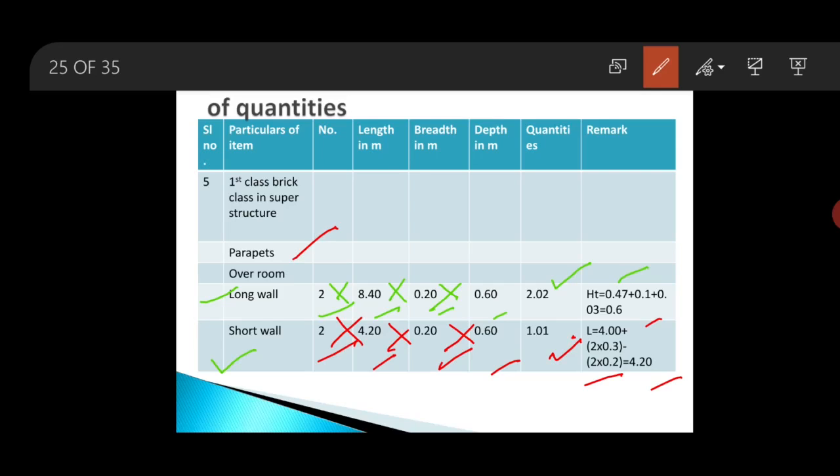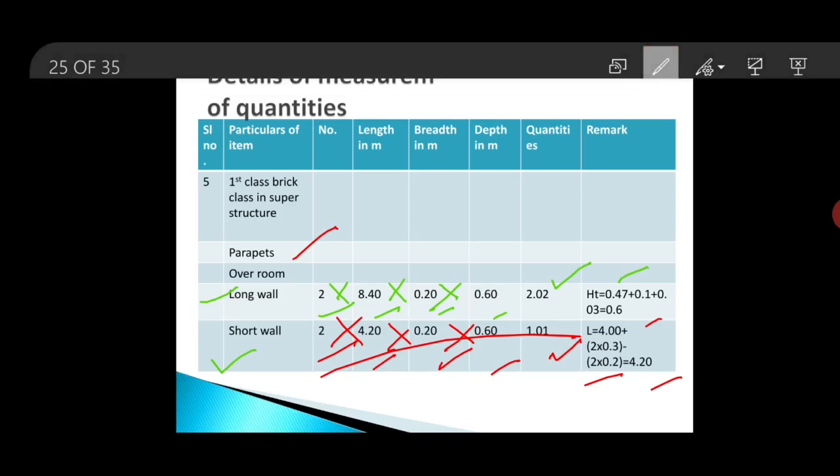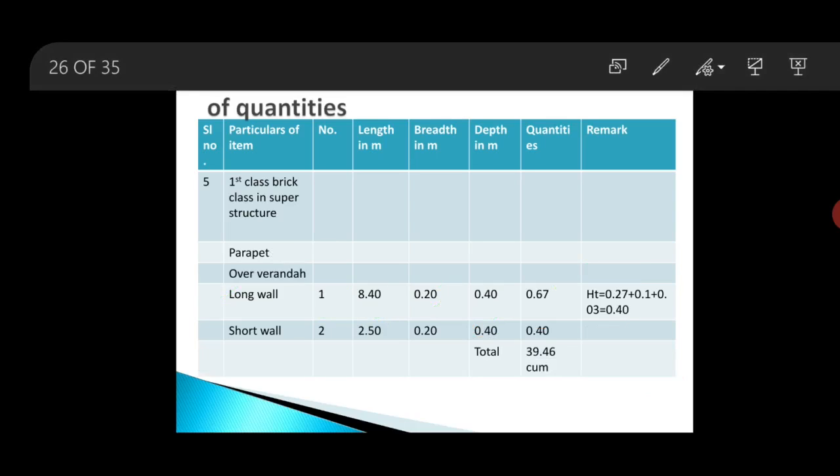Similarly, we will go for calculation of parapet above veranda. So for veranda, write down parapet over veranda, then write down long wall. Similarly, for long wall of the veranda, you have to move to the outside dimension. So the out to out length of the veranda and out to out length of the room is same.